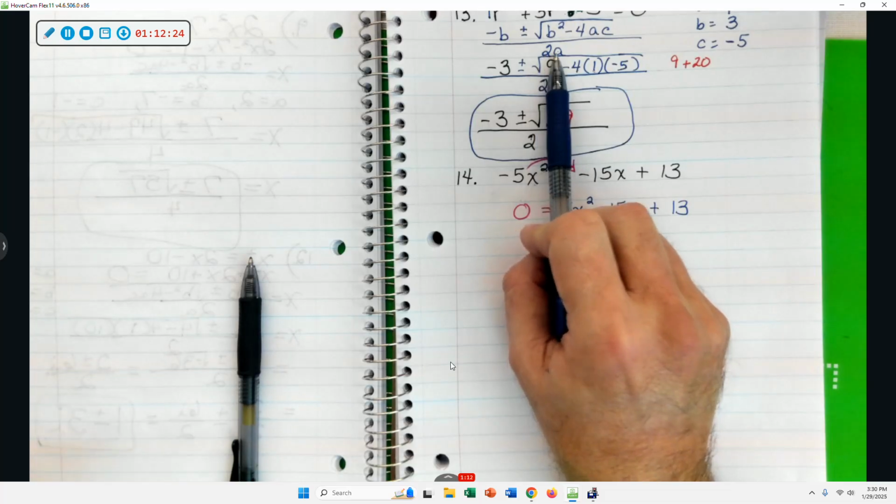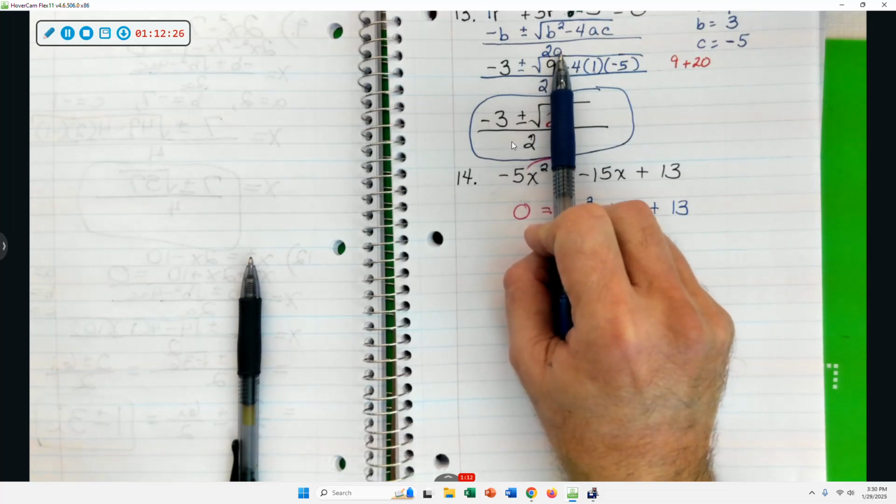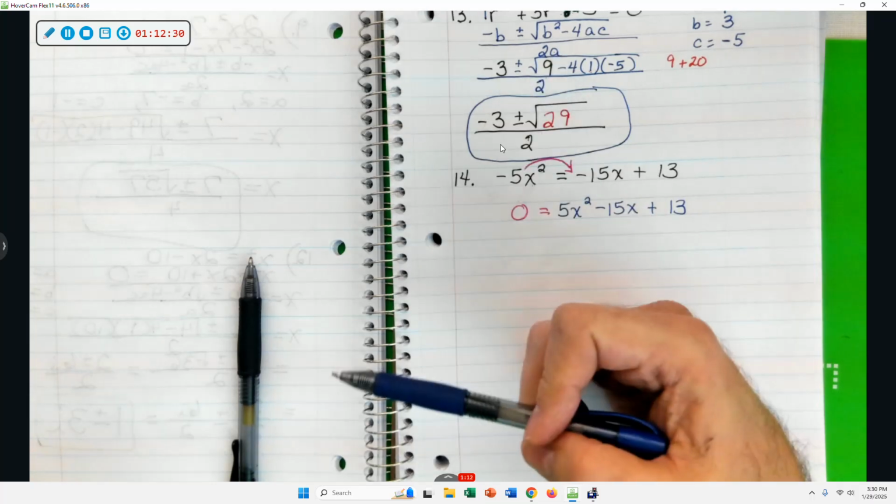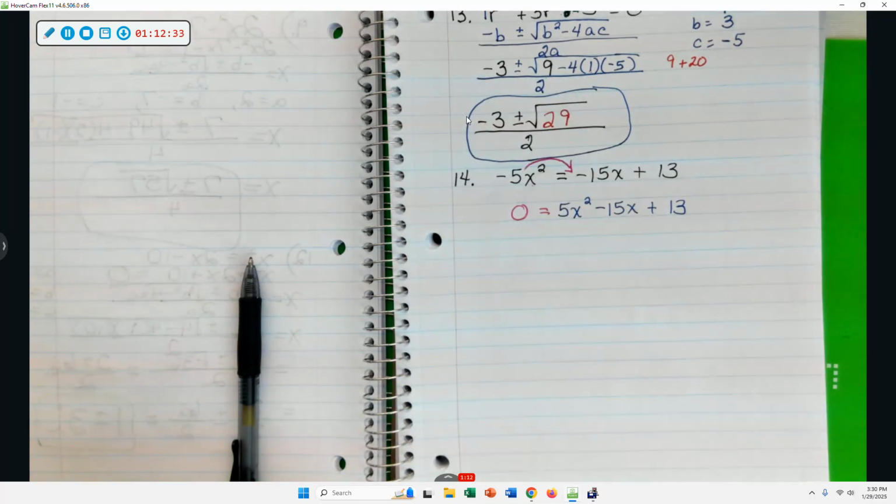No. If A had been negative, I'd have a negative number in the bottom of the fraction that I'm going to have to try to get rid of. To get rid of it, you then have to multiply the top and bottom by a negative 1 all the way across. So that would change the sign on the first number here. The plus minus would become a minus plus, which is still a plus minus. But why would you want to go through that?